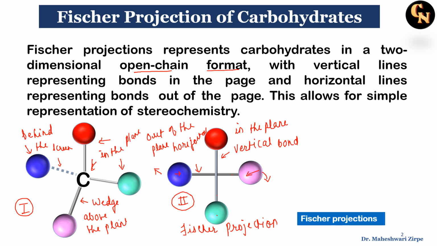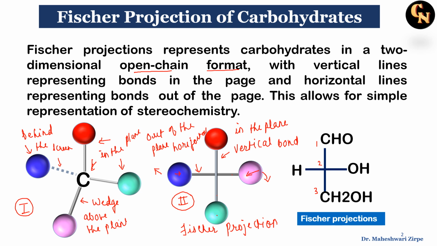Okay, so let us see the example. This is your simplest carbohydrate, which contains 1, 2 and 3 carbons. In the MCQ I also asked which is the simplest carbohydrate.